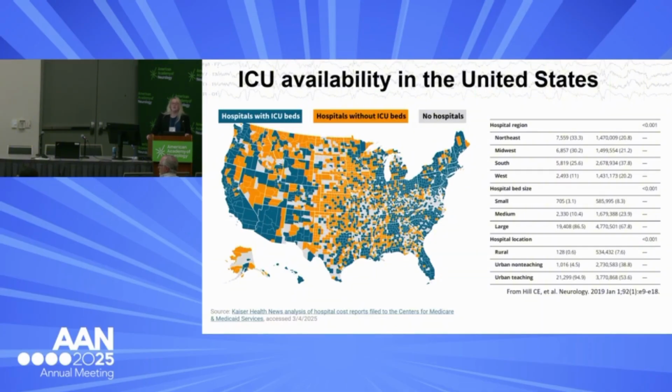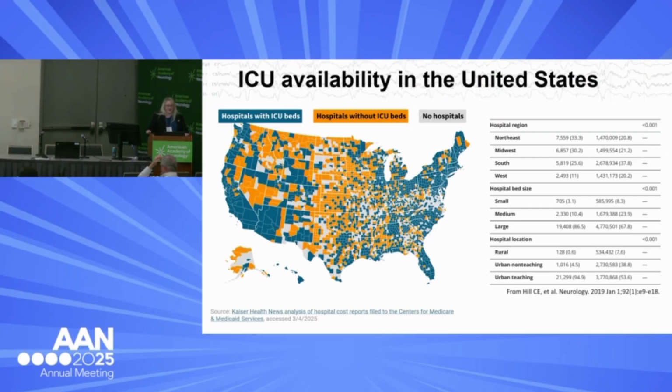And there are some areas, some counties in the United States in which there are no hospitals at all. 10% of the US population lives more than 30 minutes away from a hospital. And when we're planning critical care services and ICU EEGs, it's important to take into consideration the fact that there are many areas of the United States that do not have ready access to critical care services.